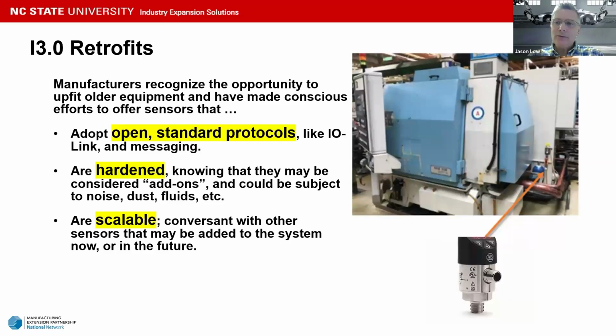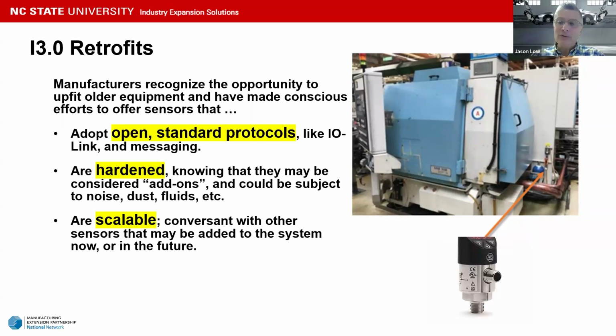So again, very similar to the conveyance example, where there's a benefit to having wireless. Probably more relevant to where a lot of us live in manufacturing is the need to retrofit, right? We're not looking at tomorrow's technology to implement necessarily with the newest of robots or the newest of conveyance systems, but we have a challenge with older things that we have that are still worthy of keeping.